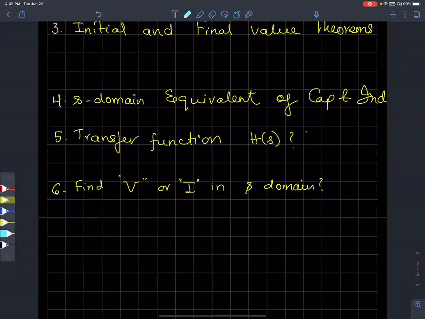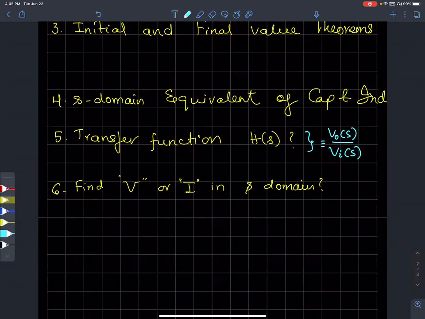Then the idea of transfer function, V out of S over V in of S. That's the definition of transfer function, the output over input.